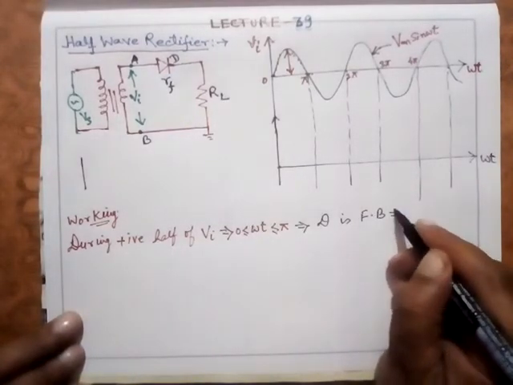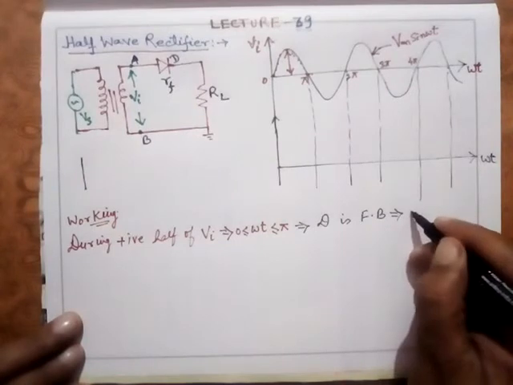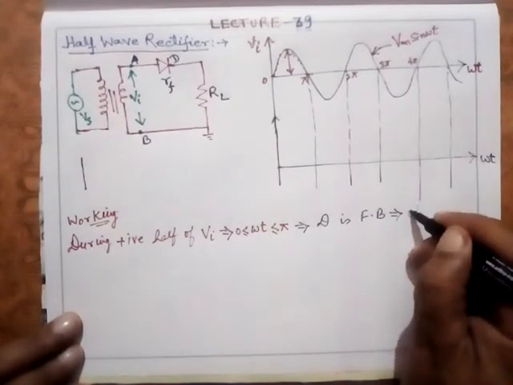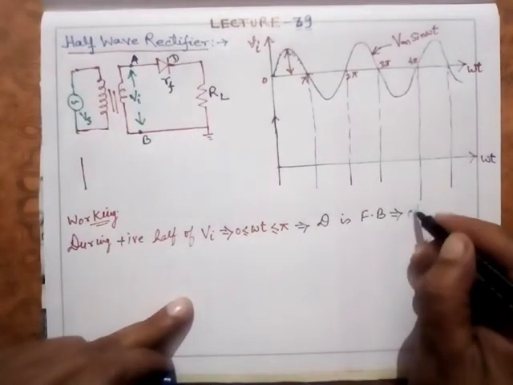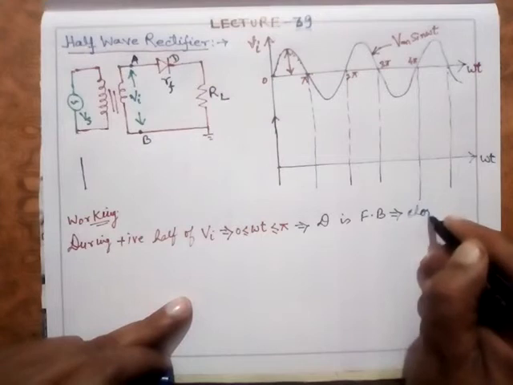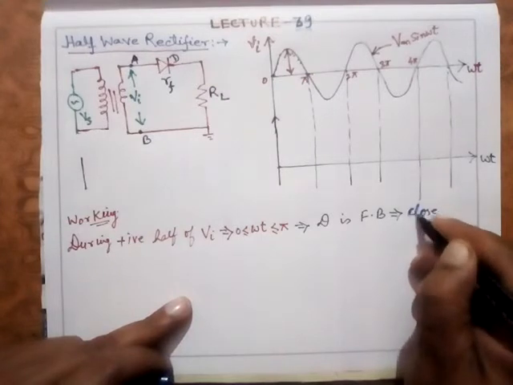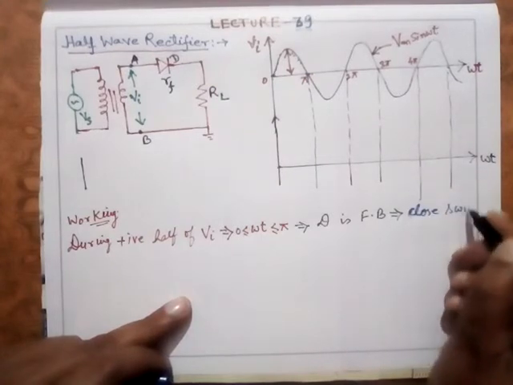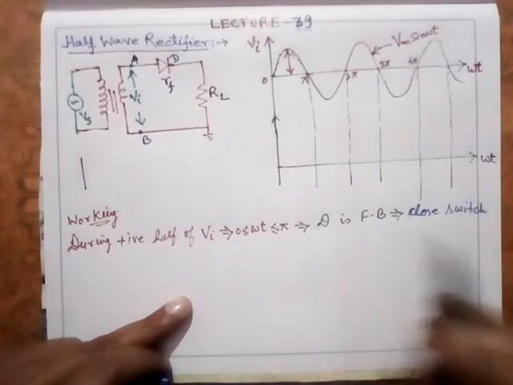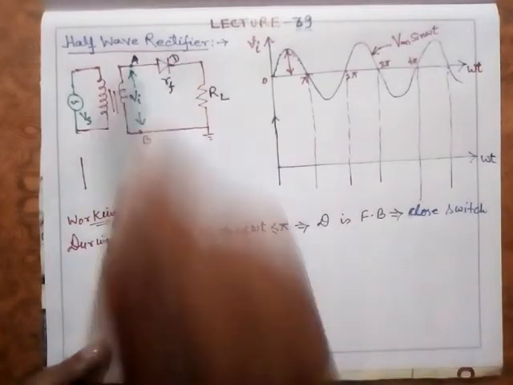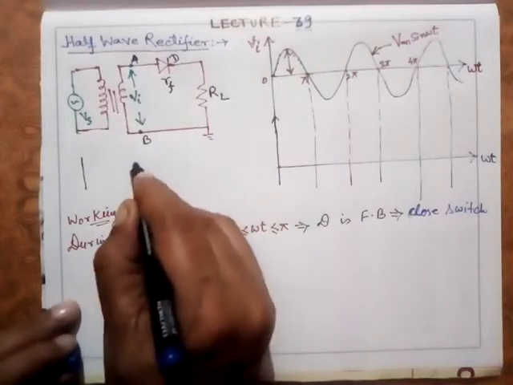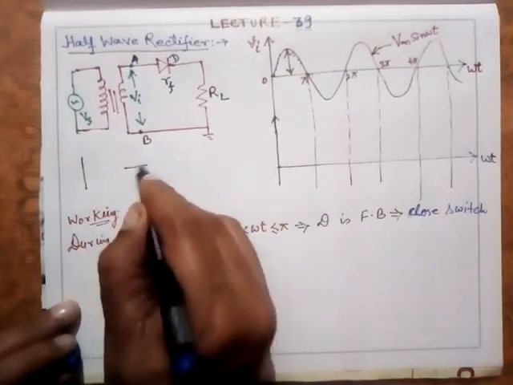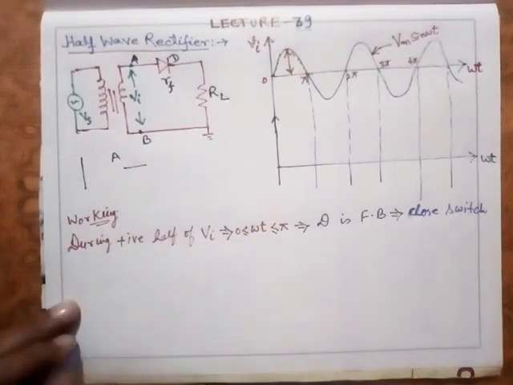So it acts as a closed switch, and it is offering only a forward resistance. See what is happening: under this condition, when A is positive, I am saying A is positive with respect to B.